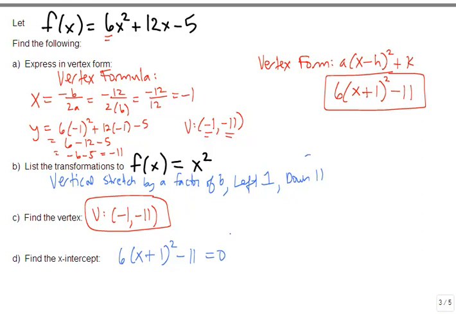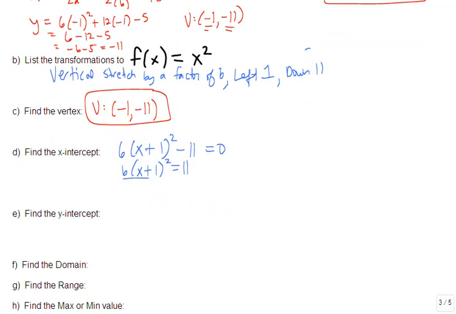So to solve this, I'm going to add that 11 to the other side. And then I'm going to divide by 6. I want to isolate that quantity squared as much as I possibly can before I take my square root of both sides. So I'm going to get x plus 1 equals, don't forget your plus or minus symbol, square root of 11/6. And then I would want to subtract 1.